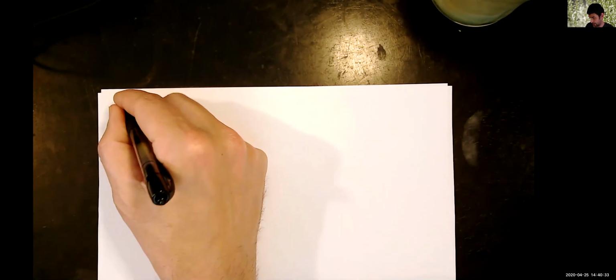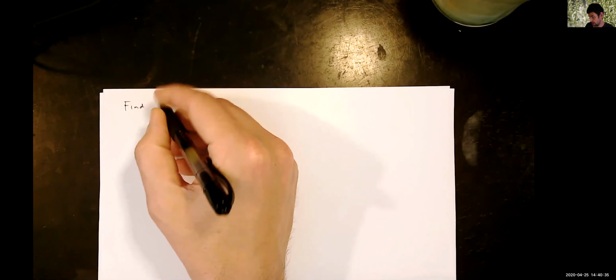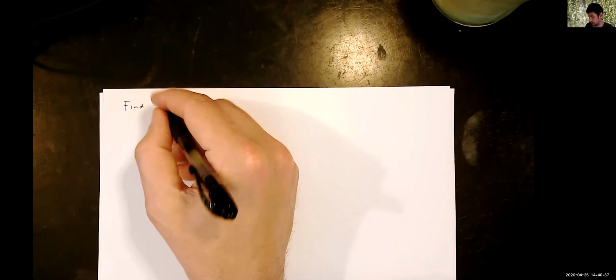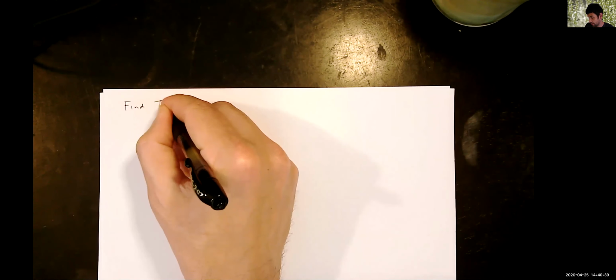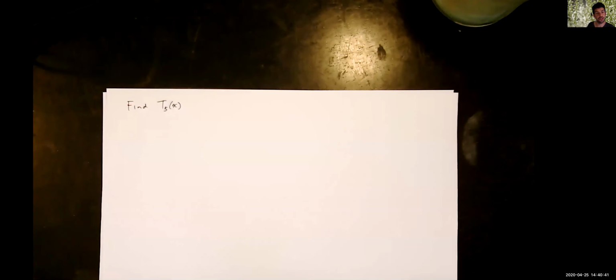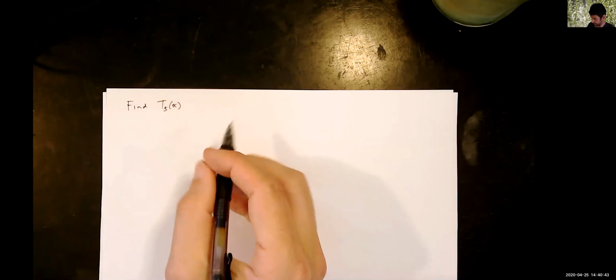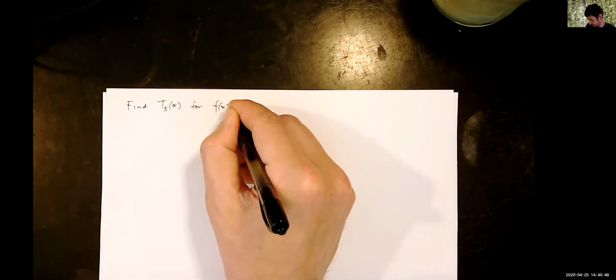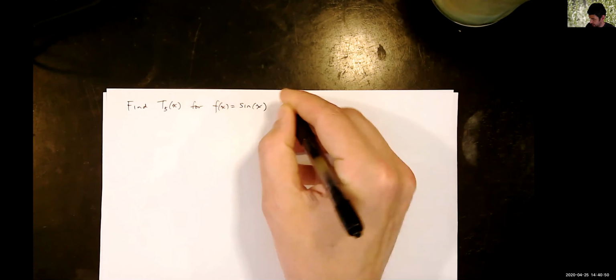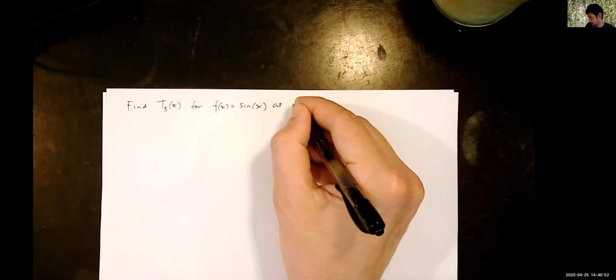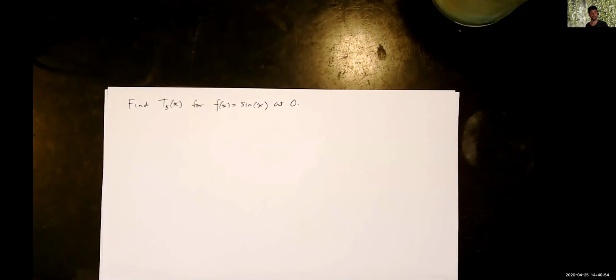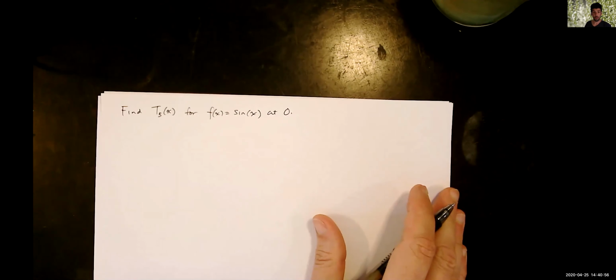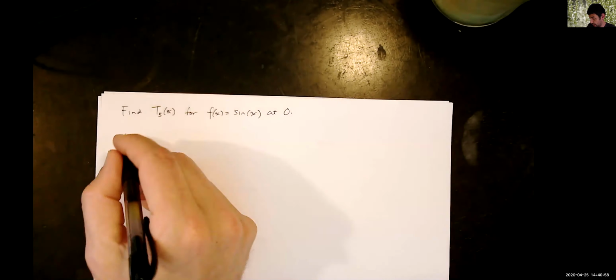Okay, so we're going to find, let's say T, this is the notation I used last time, the 5th degree Taylor polynomial for f of x equals sine of x, centered at 0, okay? So let's first remember what this means.